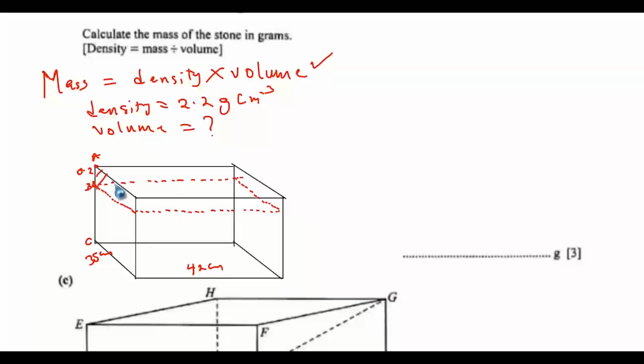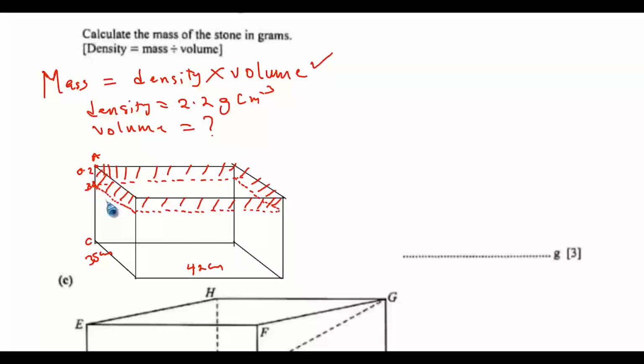This shaded region is the volume of water gained by the stone, because when the stone was removed, the water reduced to this level. It means that the volume of the shaded region will be the volume of water gained by the stone. And of course, this place is 0.2.